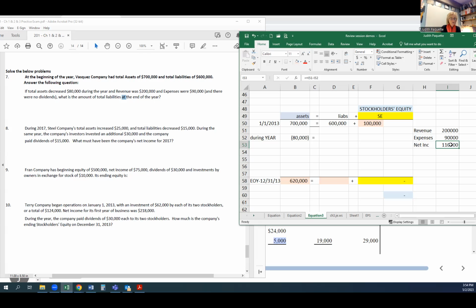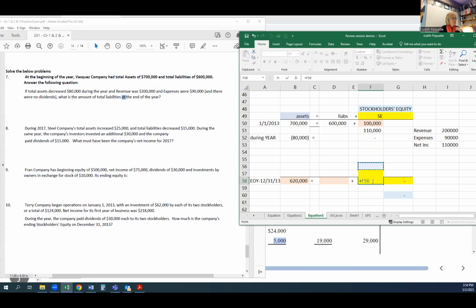Now, what do we do with net income? Remember when we make the retained earnings statement, we have beginning balance of retained earnings plus net income minus dividends equals ending balance. Well, stockholders' equity includes retained earnings, so we can add that 110 here. We don't have any dividends, so we just put a 0 in for dividends.